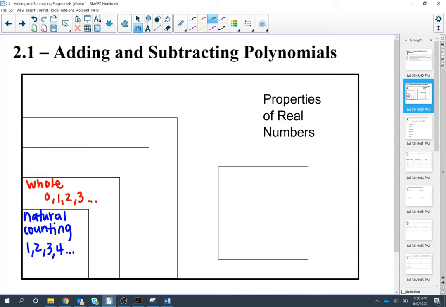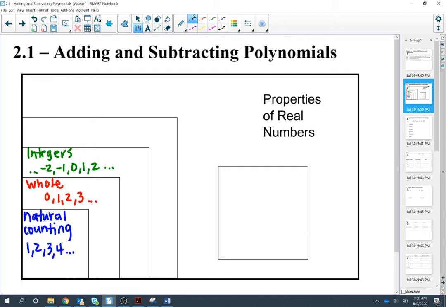Okay, there's more numbers than just 0, 1, 2, 3, and those are called your integers. And your integers are your positive and negative whole numbers. So ... -2, -1, 0, 1, 2, ... Those are your integers.